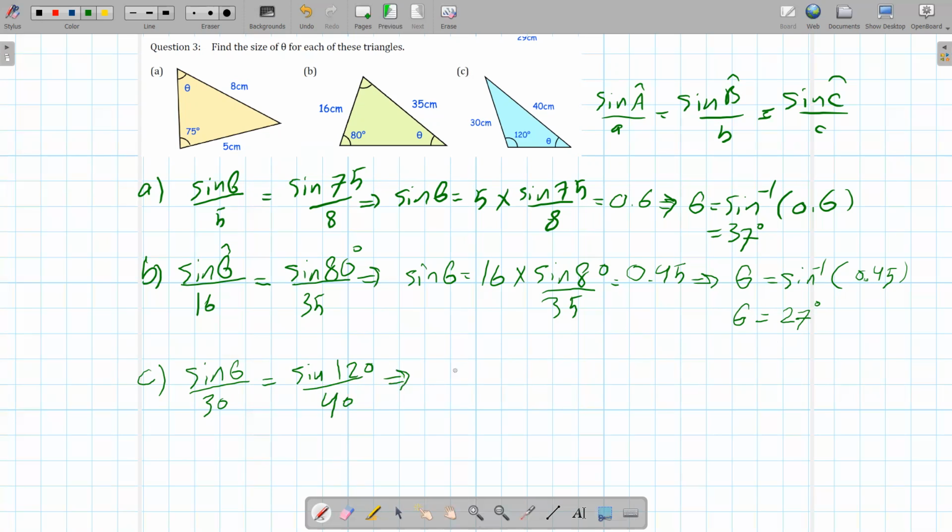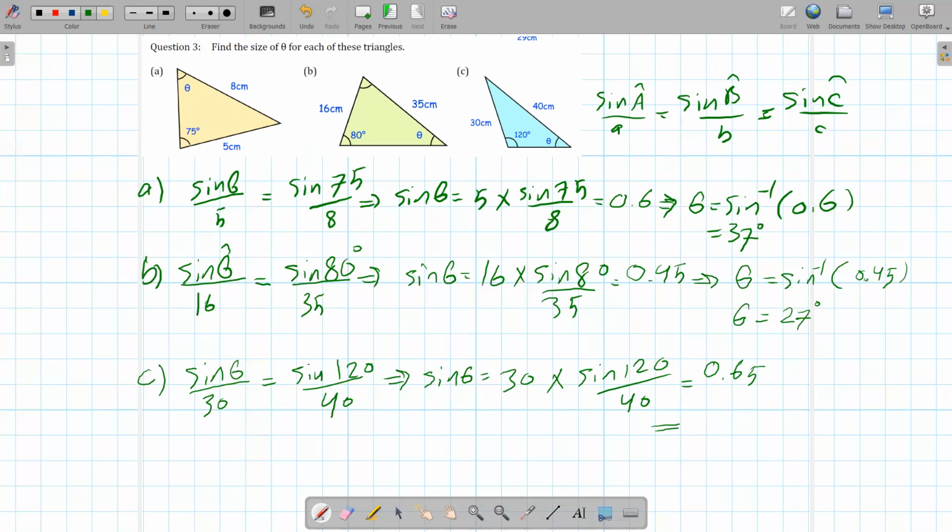After that, sine theta equals 30 times sine 120 over 40. Using my calculator, 30 times sine 120 divided by 40 equals 0.65.